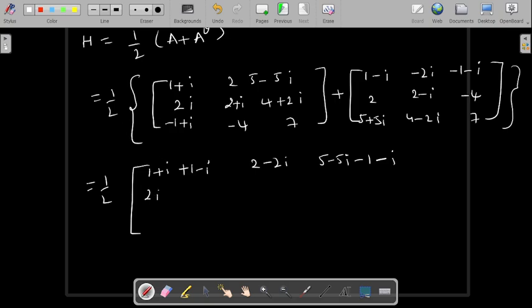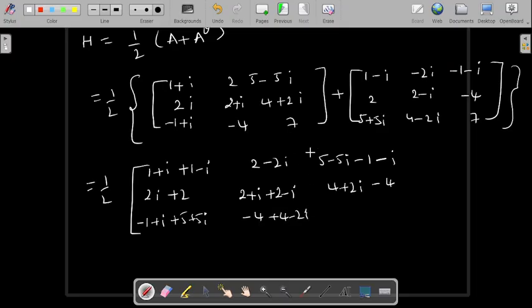Next 2i plus 2, 2 plus i plus 2 minus i, and 4 plus 2i plus 4 minus 2i.